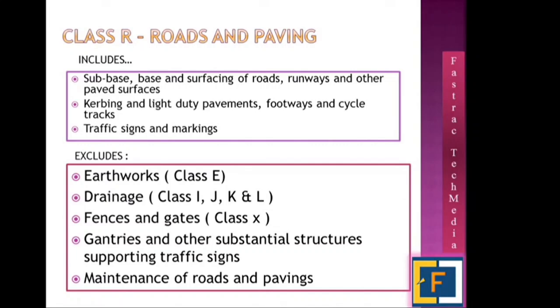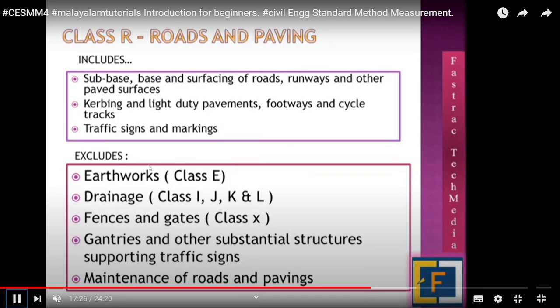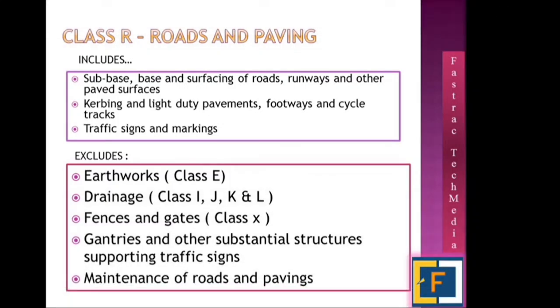Curbing and light duty pavements, footways, cycle tracks, subways, bays, surfacing of roads, all those are included in roads and pavings, class R. But you can see that substantial structures supporting traffic signs is not in class R. It is the fourth item excluded in class R. Why is it so? This is the thing we have to understand.